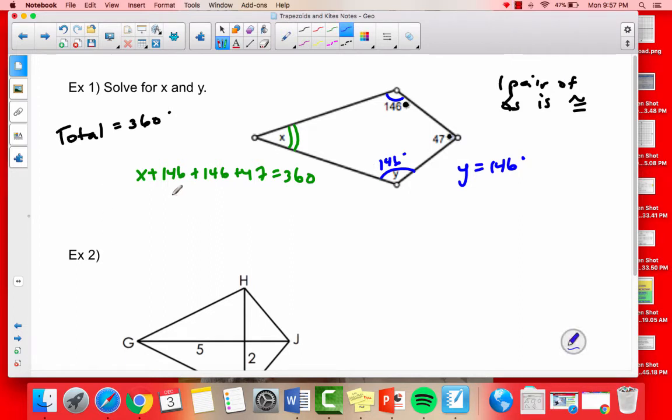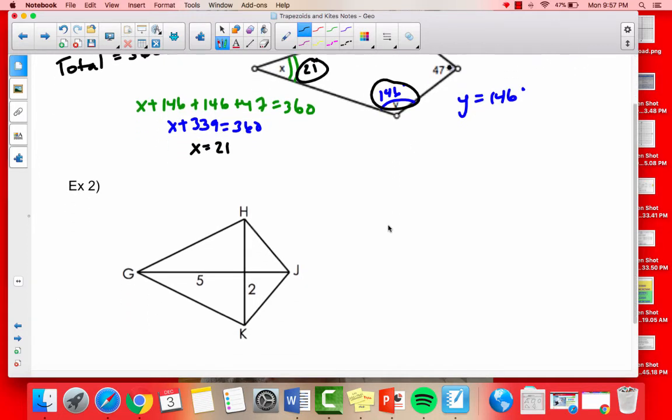Combining those numbers, we get x plus 339 equals 360, and then if we subtract over, we get 21 degrees. So x equals 21, and now we have both x and y. Knowing that it equals 360 and knowing that one pair of angles is going to be congruent helps you find all those missing measures.